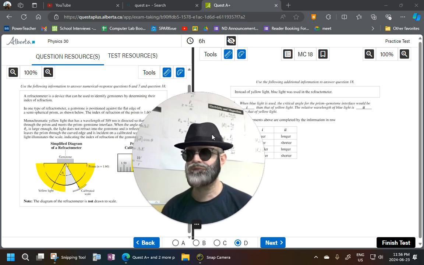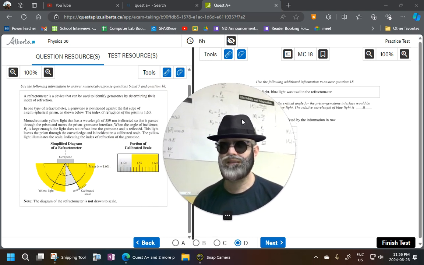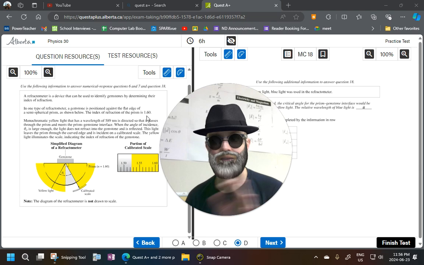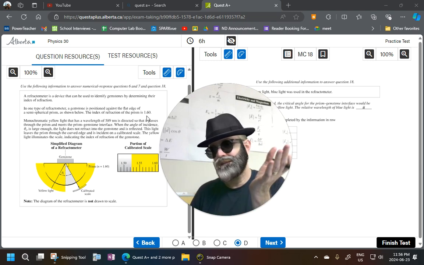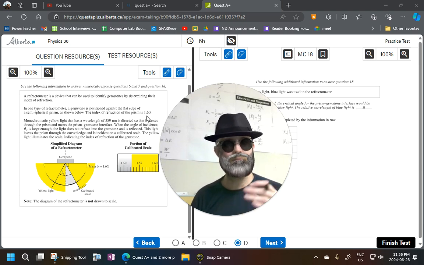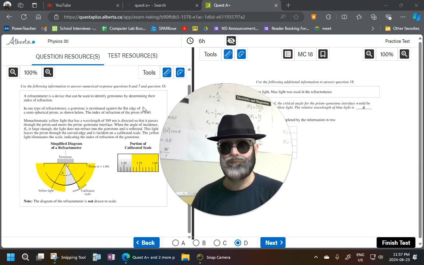This is not a really fair question because I think what they want us to do is say that this index of refraction is 1.6, no matter what type of light it is. If that's the case, then when it goes in the other material, it's going to have a higher index of refraction because it's going to slow down more. It's going to bend more. Oh, it's going to be higher or lower? Because it's going to slow down, shorter wavelengths will bend more.